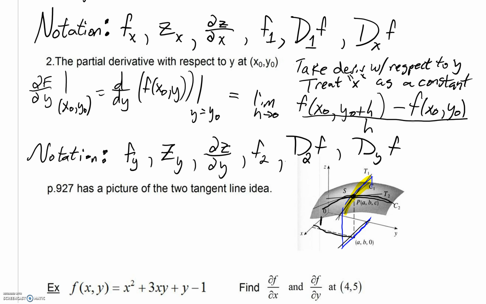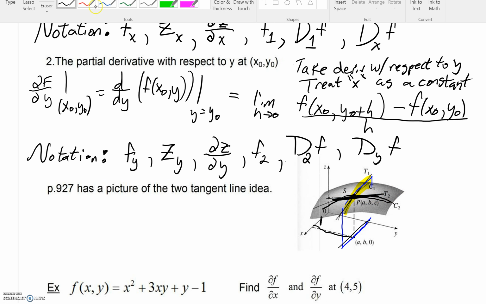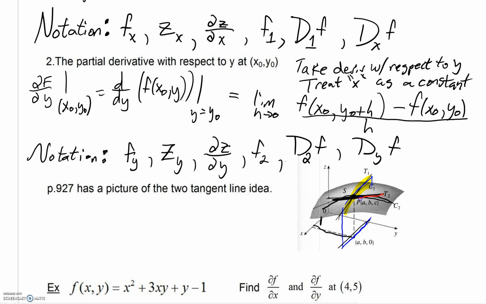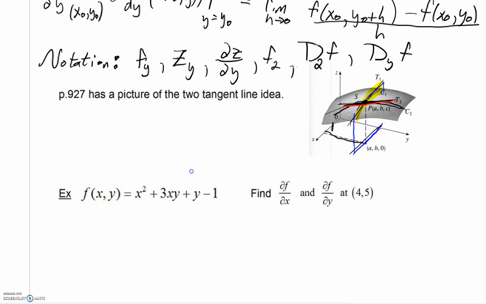C2 would be a curve going through a point A, B, C. And you could see that if you made a tangent line, that's T2 right here. That would be a tangent line to that curve. Well, really, that's what your partial derivative with respect to y would be. You're saying just hold x constant. Let's look at what's happening there. And we'll get a lot more into the geometrical ideas in just a little bit.